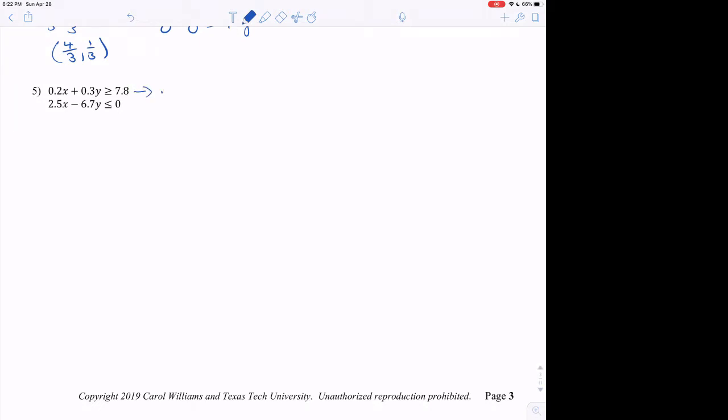So that's going to be 0.3y equals minus 0.2x plus 7.8. So then you have y equals negative 0.7x plus 26 for the top one. And that would actually not be equal, but it's a greater than or equal. That sign is important.